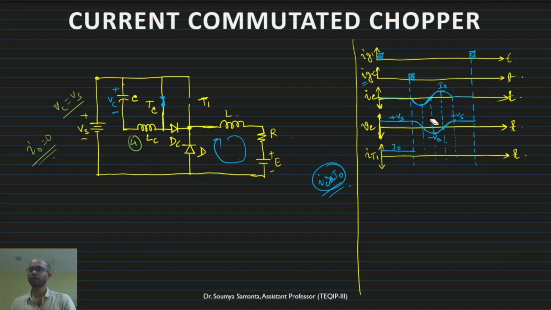So this is IC. Now let us understand about the IT1. IT1 will happen initially during this process. Basically IT conducts. Now whenever this goes, this is the direction, that means the positive direction. At this time this current starts flowing down.